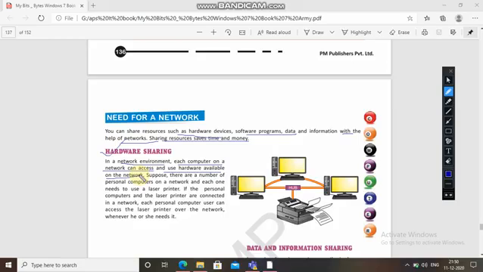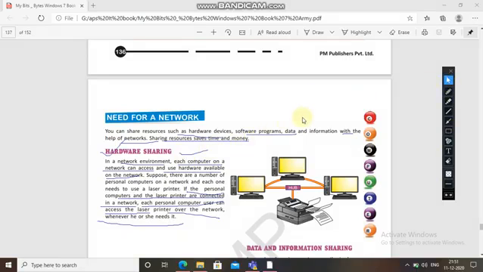Each one needs to use a laser printer, and if the personal computers and the laser printer are connected in a network, each personal computer user can access the laser printer over the network whenever he or she needs it. If a printer is connected with a network, the devices connected to the printer can give instructions, can give an order to print, and they start printing. Because that laser printer is connected to a network, each personal computer user can access the laser printer. This is known as hardware sharing.